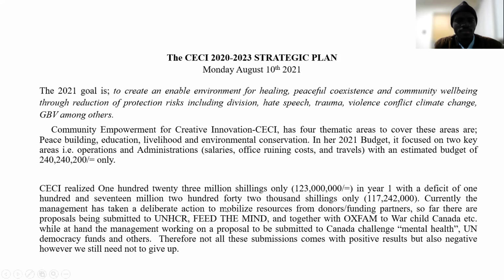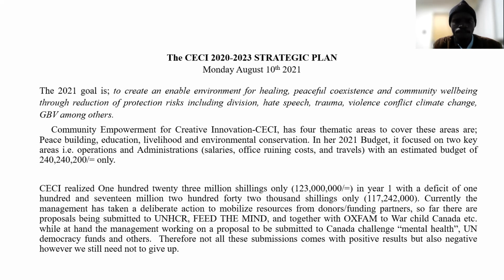There were a couple of things looking into the 4 programmatic areas, but the focus was to create an enabling environment for healing, peaceful coexistence, and community well-being through reduction of protection risks, including division, hate speech, trauma, violence, conflict, climate change, gender-based violence, among others. So this is the goal for 2021 and looking into our annual plan.